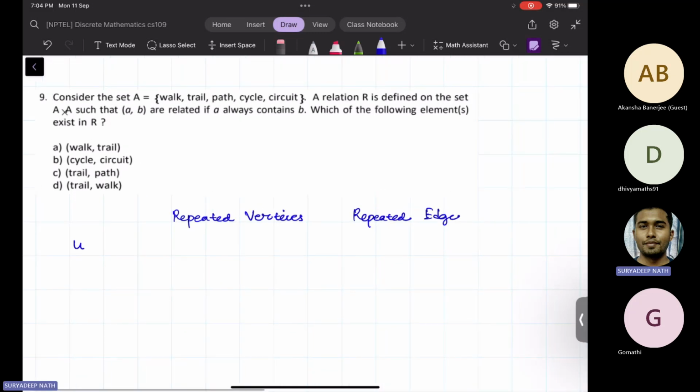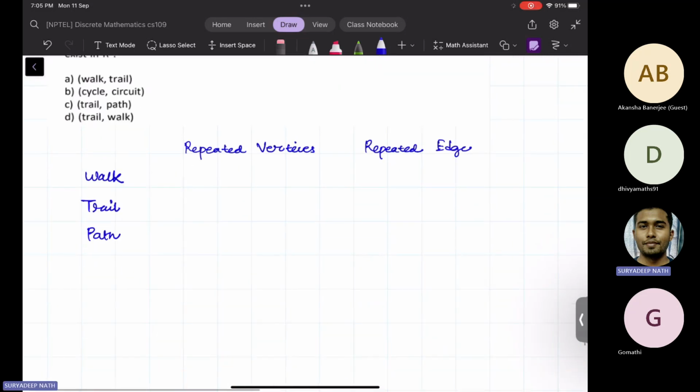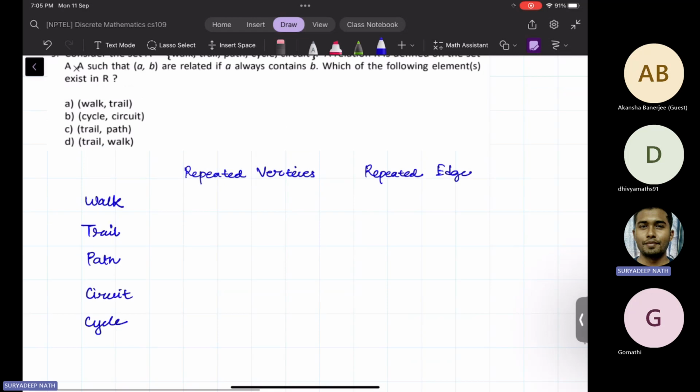Now I'll write walk, trail and path. Now, okay, we'll have circuit and cycle. Now tell me, does a walk have repeated vertices and repeated edges?